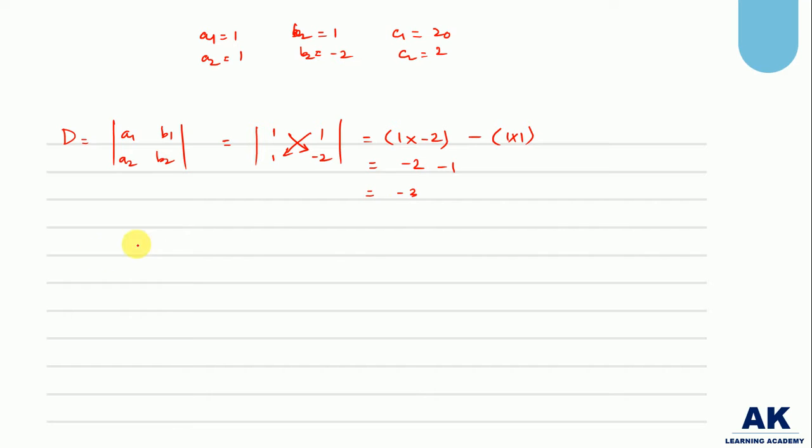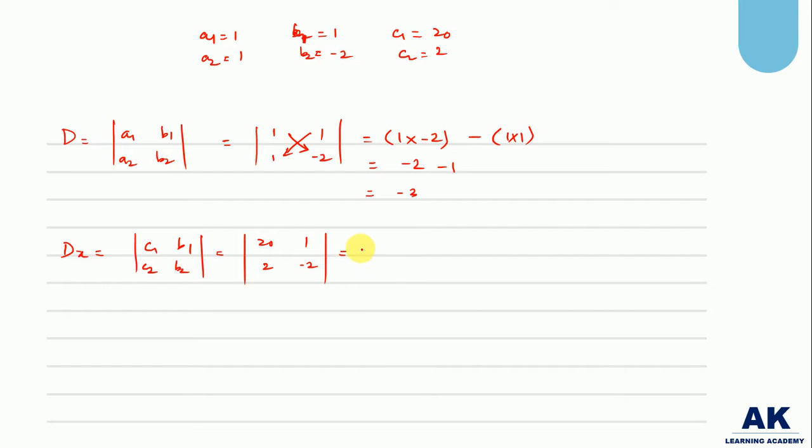Okay, now the value of Dx is equal to what? c1 b1, c2 b2, right? So c1 is 20, b1 is 1, c2 is 2, and b2 is minus 2, right?